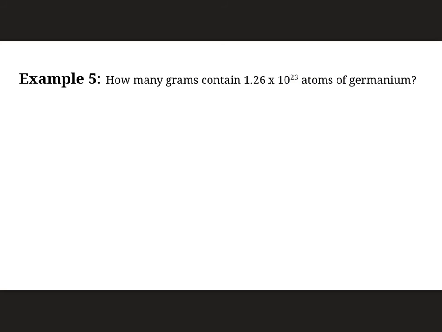So again, our process is going to stay the same. We identify, okay, we're ending here. And sometimes in problems, this could also say mass. If it says, what's the mass? We're going for grams. You can just assume that. Here's my starting point. All right, so then I can identify my relationships.